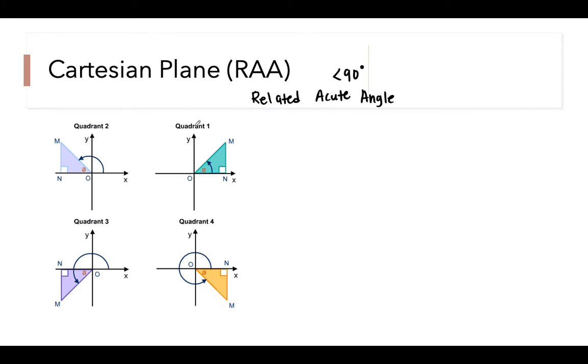So first, let's take a look at quadrant 1. We have a triangle in quadrant 1, and I represented the related acute angle as letter A. In quadrant 1, this is also our principal angle, or standard angle.